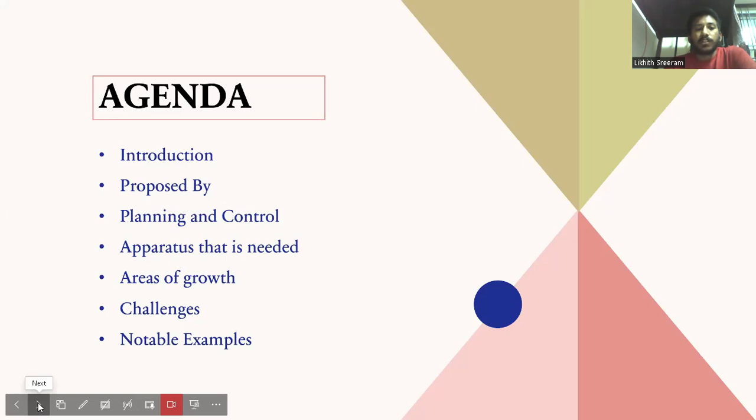And the next topic is planning and control. It will decide what plannings and controls have been taken to perform the operations of humanoid robots perfectly, and the apparatus that is needed is the next topic.